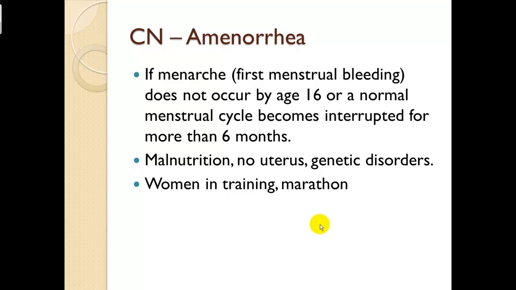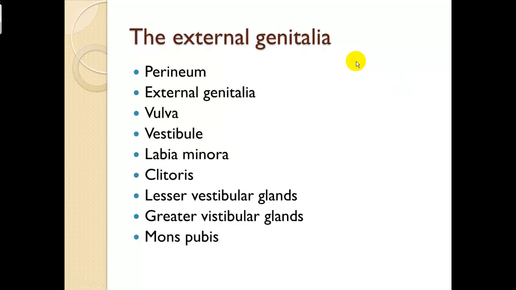If menarche, first menstrual bleeding, does not occur by the age of 16 or a normal menstrual cycle becomes interrupted for more than 6 months, then you have amenorrhea. Things that can lead to this: malnutrition, no uterus, genetic disorders, women in training, or that may be marathon running. That would be because of the secretion of other hormones.